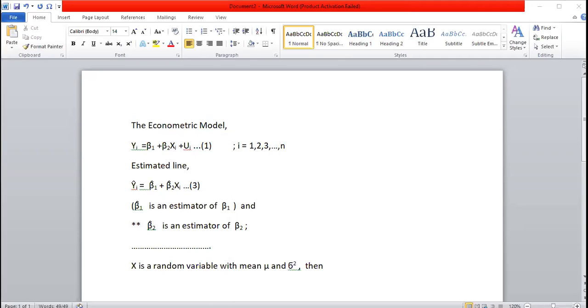If you get a sample mean from that sample, what do you call it? Sample mean. We denote that as X bar.